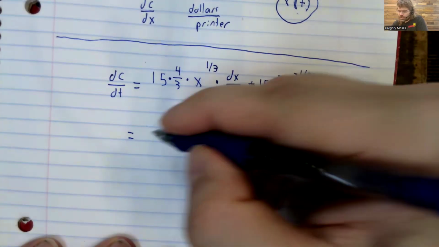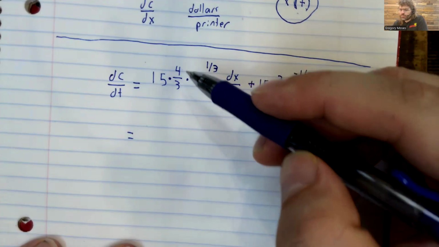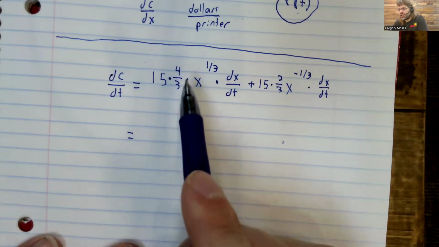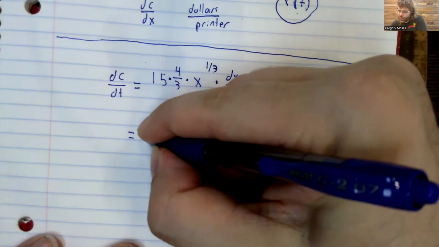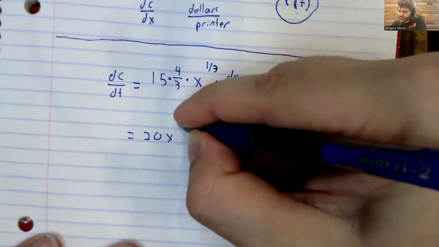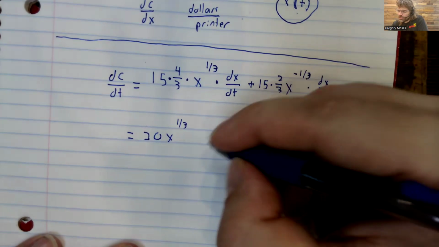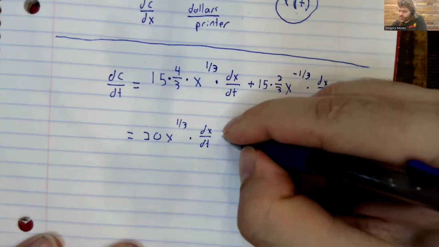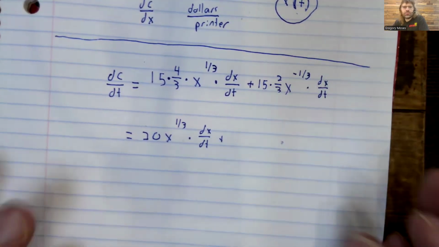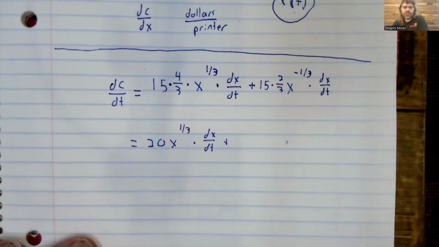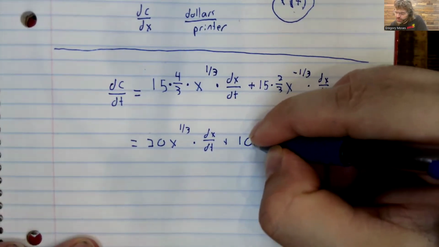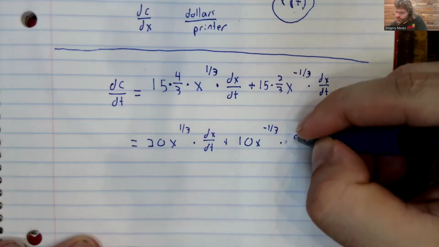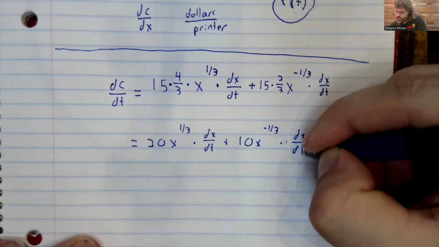So I'm not going to simplify this terribly. 15 times 4 is 60. 60 divided by 3 is 20. 20 x to the 1/3 dx/dt plus 15 times 2 is 30, divided by 3 is 10. 10 x to the negative 1/3 dx/dt.